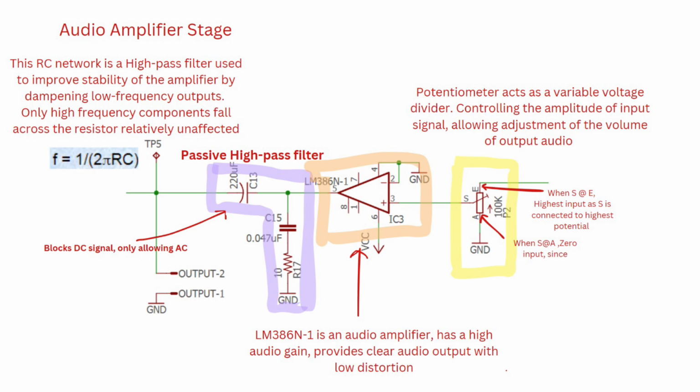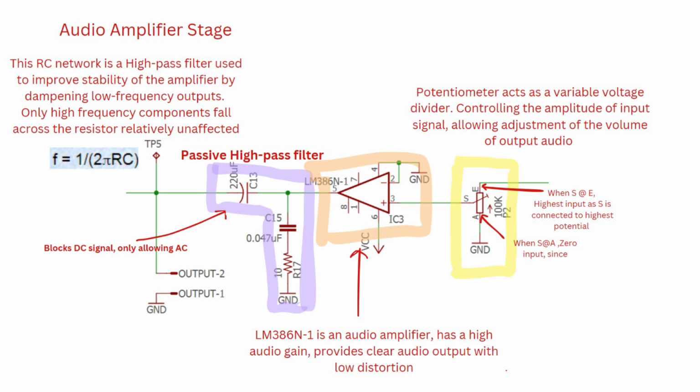So the high pass filter on the left side is an RC network that improves stability of the amplifier by dampening low frequency outputs. Only high frequency outputs fall across the resistor and is relatively unaffected. So the formula is F equals 1/2 pi RC, which is R17 and C15.